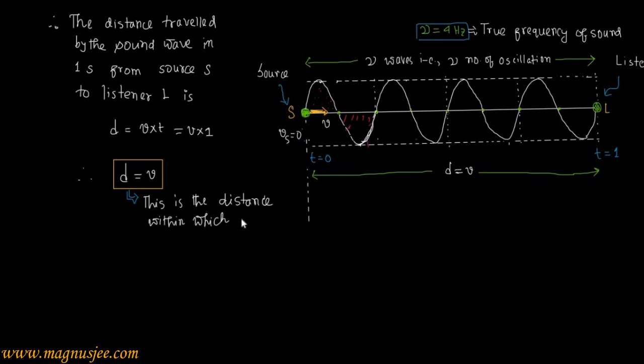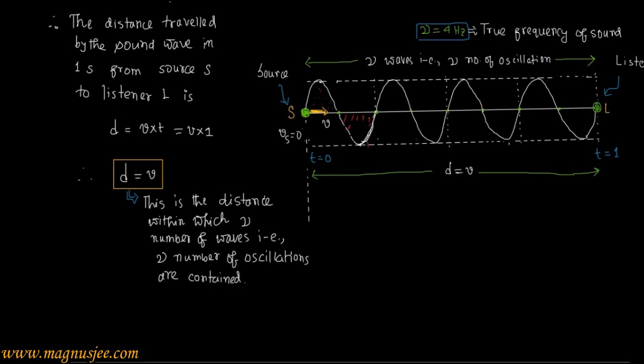This is the distance within which new number of waves, that is, new number of oscillations are contained. Though d is the distance, it is numerically equal to the velocity v, because the sound wave travels from stationary source to stationary listener in time 1 second.